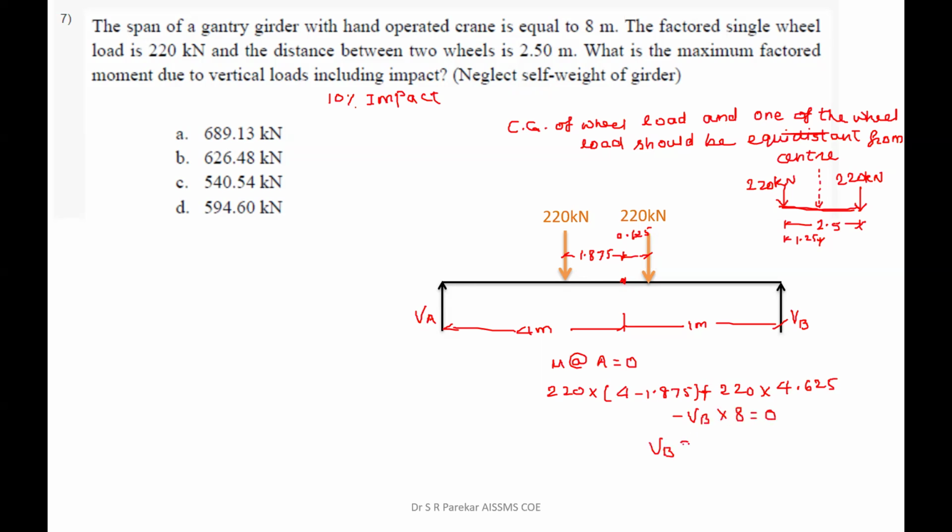And from this we will get the value of VB. I will just calculate it: (4 minus 1.875) into 220 plus 220 into 4.625, divided by 8. And the value comes 185.63 kilonewton.